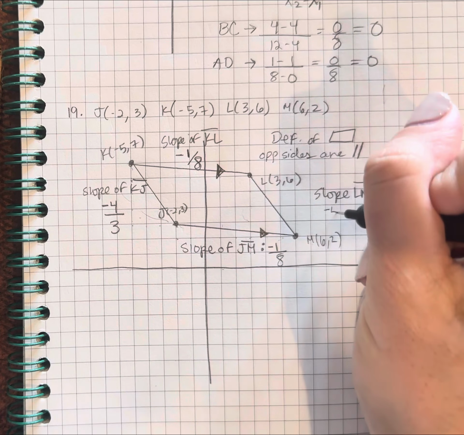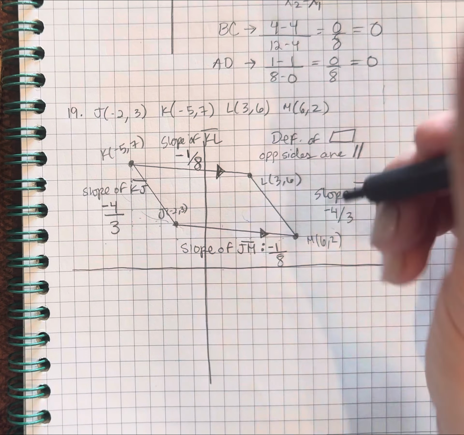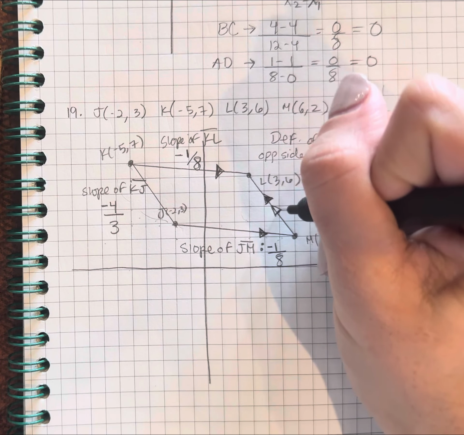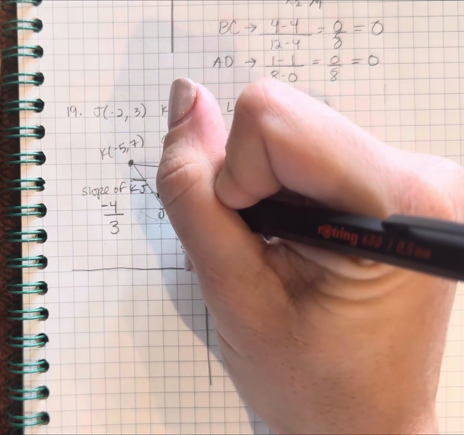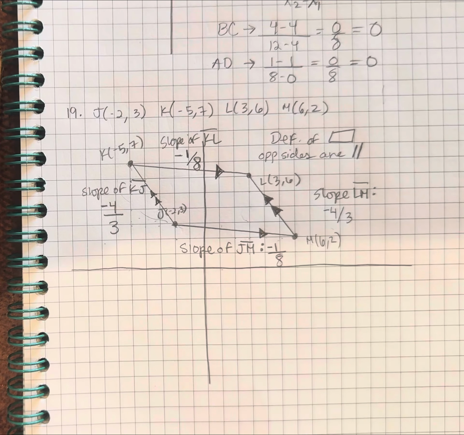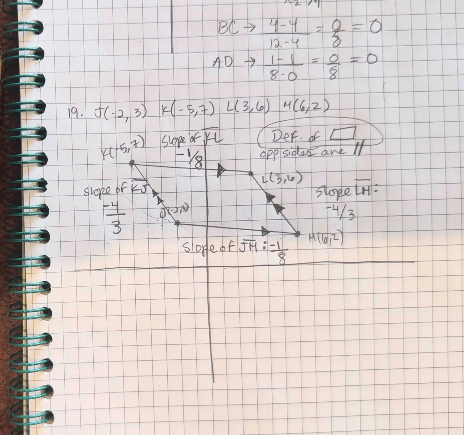So -4, +3, and boom, these slopes are the same, which means that this line is parallel to this one. So we have proven that that is a parallelogram by the definition of a parallelogram. Okay.